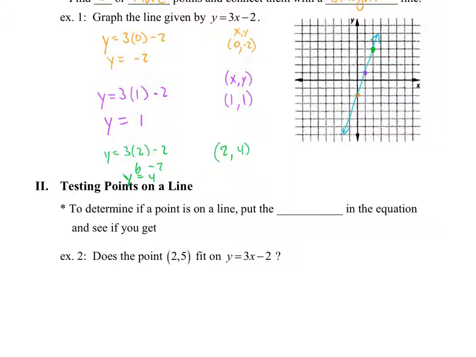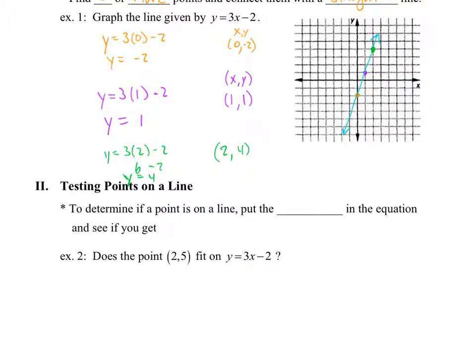Now, testing a point on a line. Somebody gives you a point. So, in this case, if we said, does -1, -5 work?